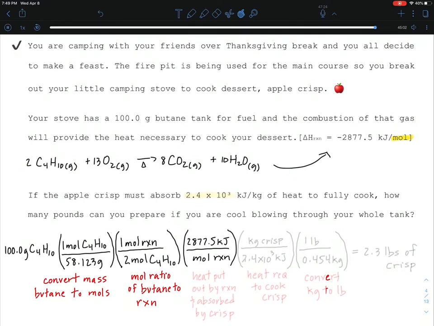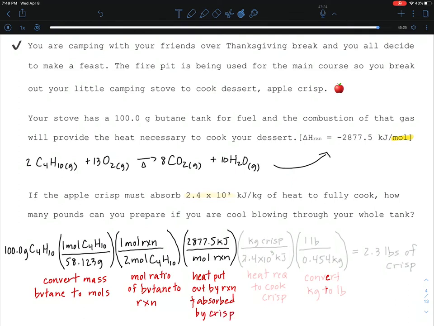And here is the heat put out by the reaction and absorbed by the food.